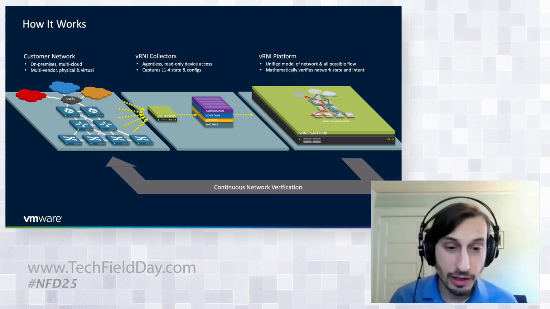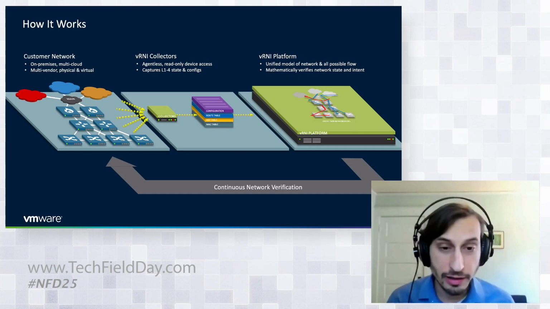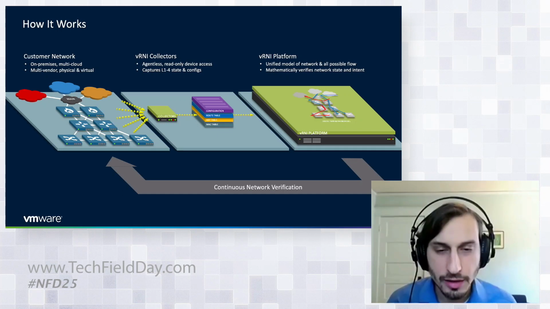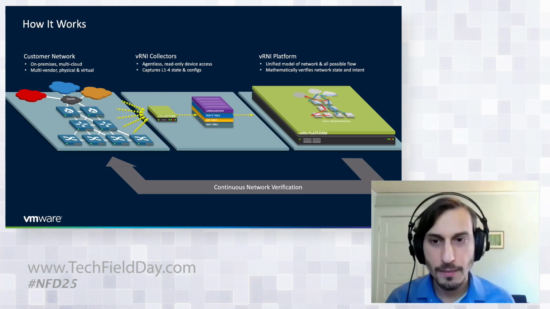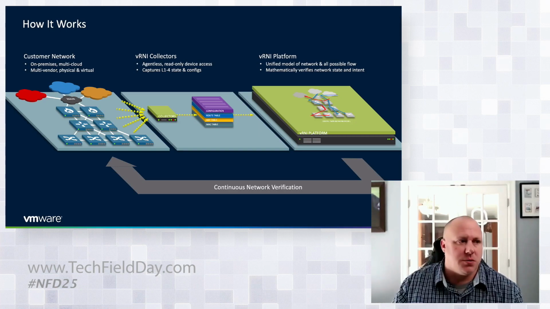You could deploy a collector on each site. I don't know if Matt, you'd like to comment on what are common deployments in those scenarios. Yeah, absolutely. With the deployments that we see, typically we'll deploy a collector on a per site basis.